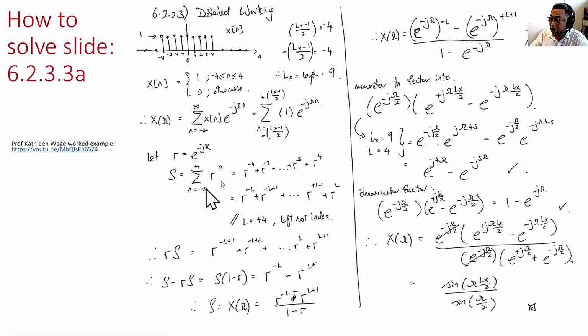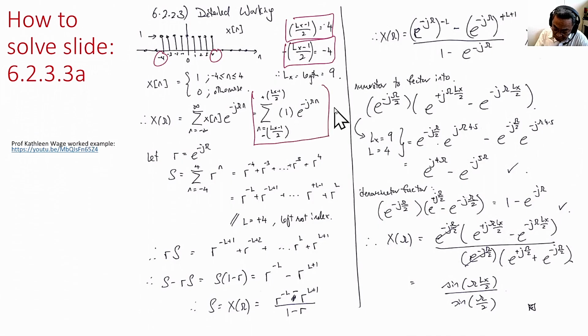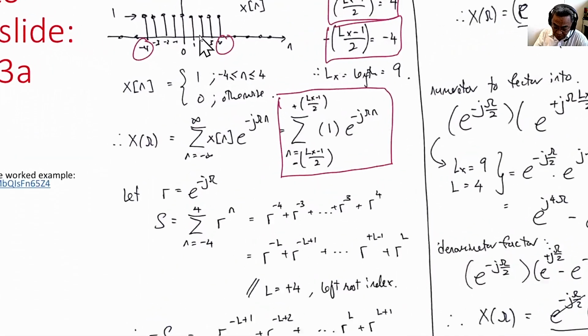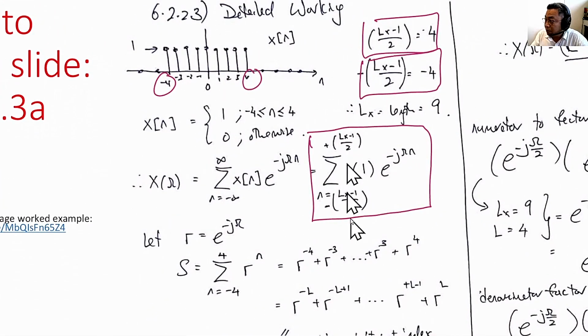Okay, so what you should do is first to substitute the starting point and the ending point as variables, and then you perform the summation across only this finite support where it is non-zero, and you substitute r as this complex variable e^(-jω), so simply we are doing this sum.